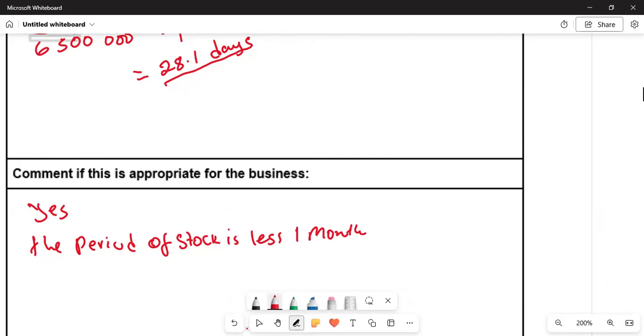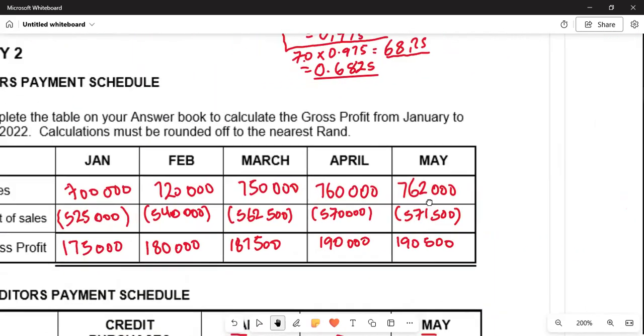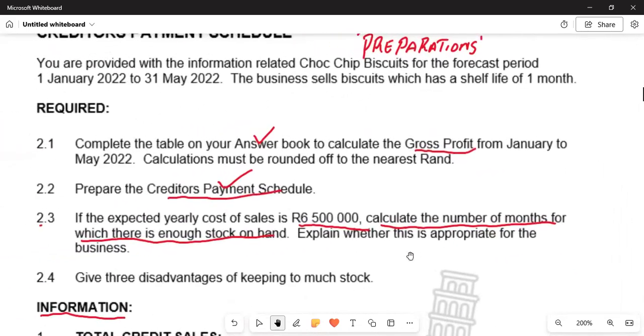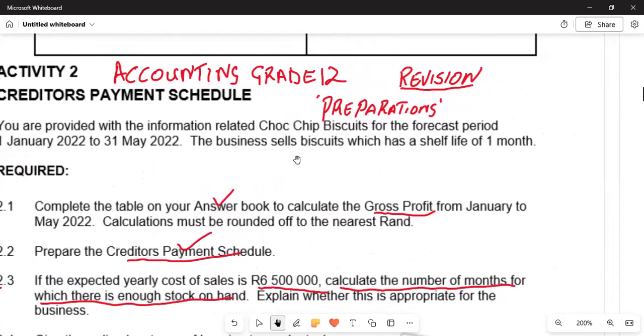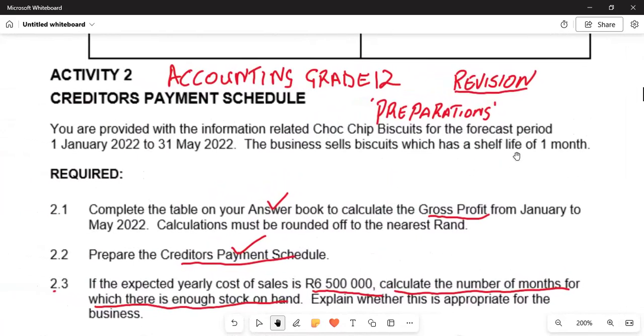So it is appropriate because, when you go to this information, we were told here that the business sells biscuits which have a shelf life of 1 month. So now it is going to stay for 28 days.